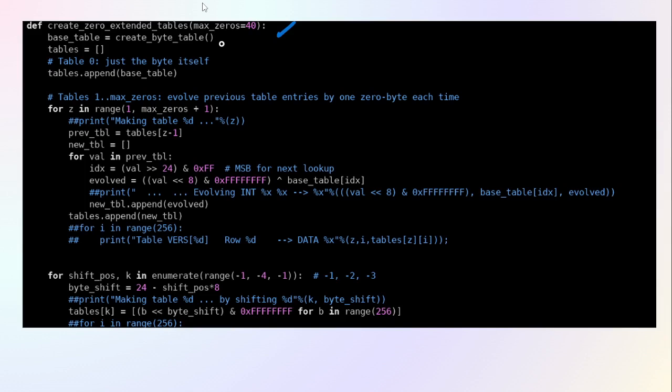The way they are created is that you start with the base table, and then once you take in all those tables, you push in zeros. You can see that the way it evolves is by using this equation. You take the uppermost byte, and then you take the value of CRC.